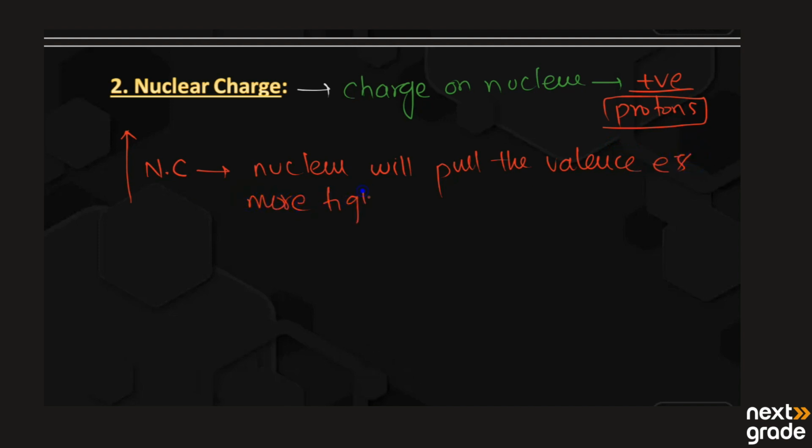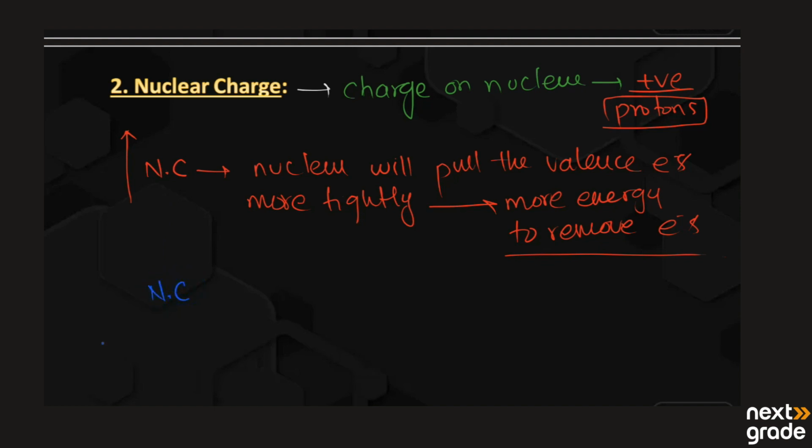Then we have to provide more energy to remove the electron from it. It means increase in the nuclear charge will increase the ionization energy. So there is a direct relation between nuclear charge and the ionization energy.